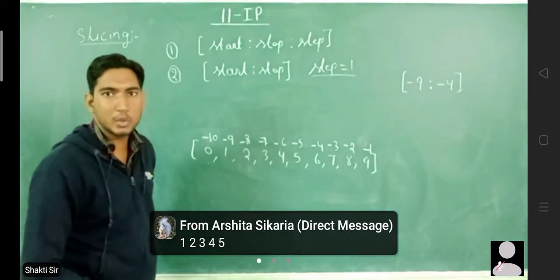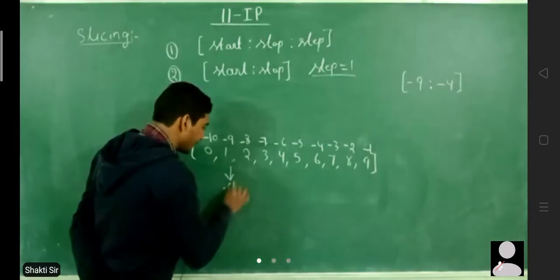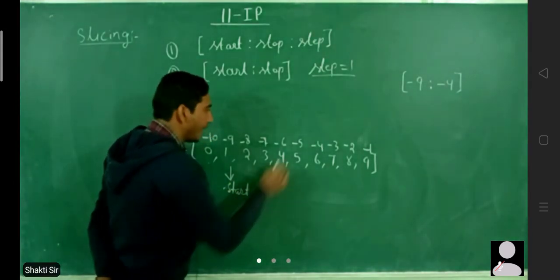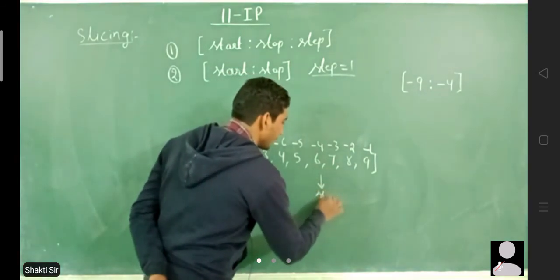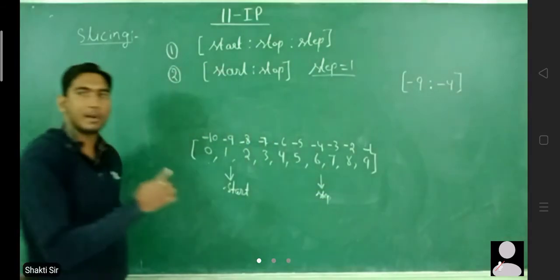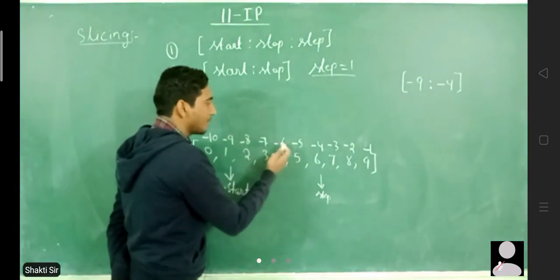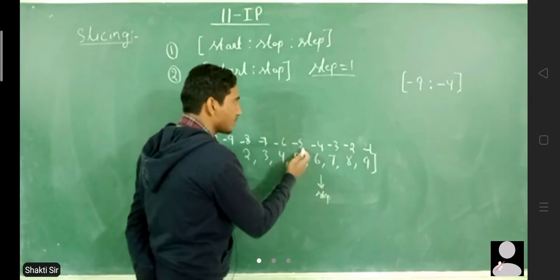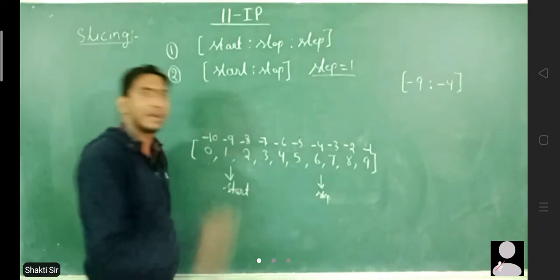Yeah, 1, 2, 3, 4, 5 would be the answer. ठीक है, because this will be the start and the -4 will be our stop. ये आपका स्टार्ट होगा और ये आपका स्टॉप होगा. So -9, -8, -7, -6 and -5, and -4 would not be included. So this would be our answer.